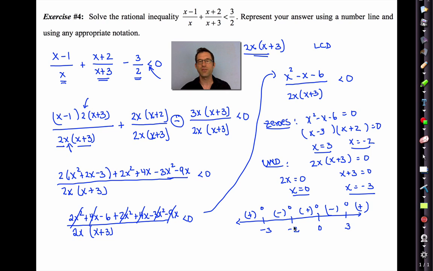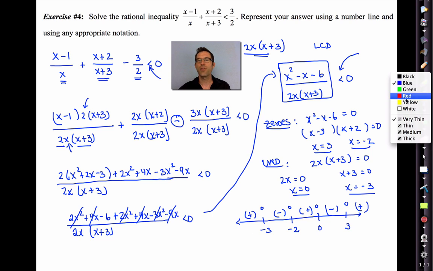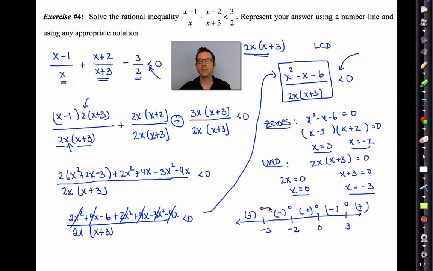So if we take values of x in between all of these and substitute them into this inequality, that's what I would work with, this inequality, because that's the one that's compared to 0. That's the sign analysis that you'd get. And what we're looking for is values of x that make that expression less than 0. So let's actually color that in red. It's going to be less than 0 here, and it's going to be less than 0 here.